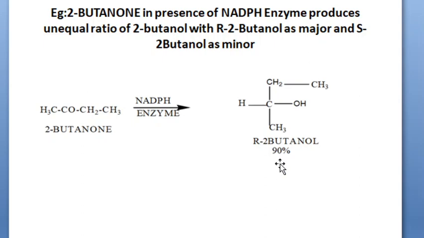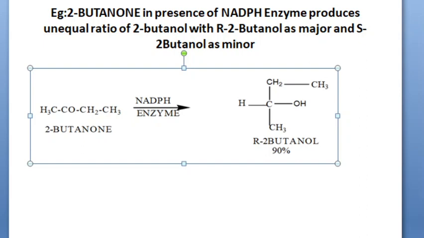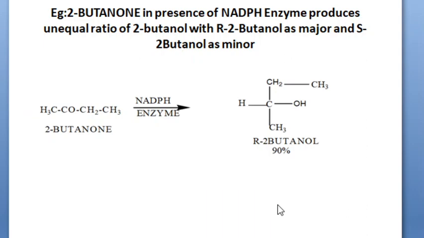And how to draw that S-2-butanol? A mirror image of this one. Just simply draw its mirror image. Then you will get your S-2-butanol. So this R-2-butanol and S-2-butanol are obtained in this conversion of butanone to butanol in the presence of NADPH. And if you get one of the isomers in major proportion, we can classify the synthesis as an asymmetric synthesis.